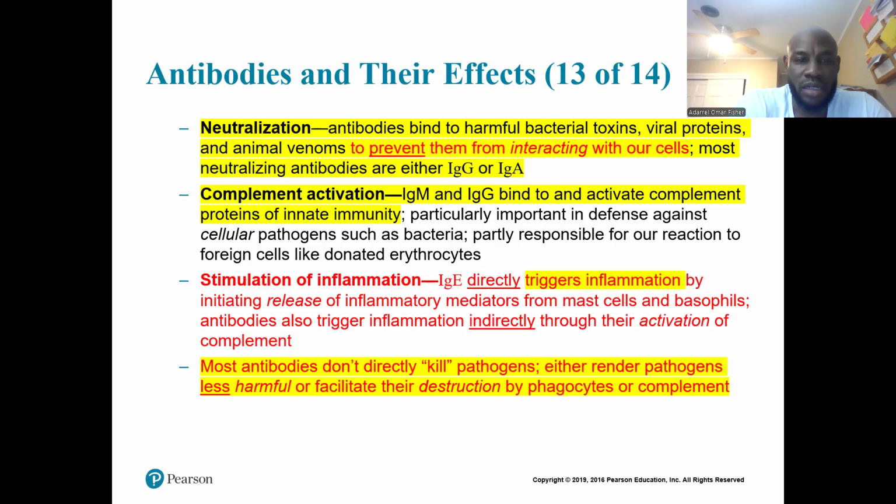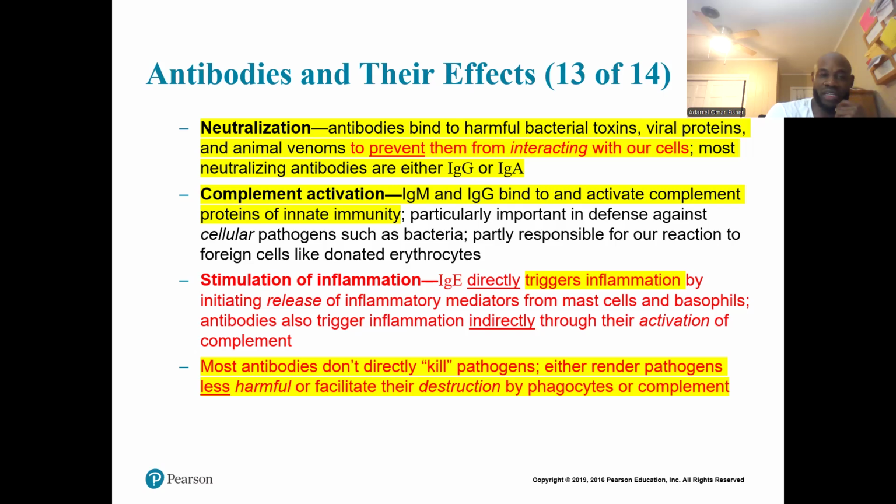IgM and IgG bind to and activate complement proteins of innate immunity. Those proteins that are floating around in your blood plasma, they can bind to those and help activate them. So our innate immunity works with our learned immunity.